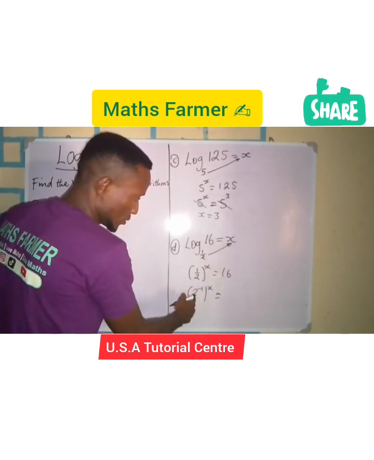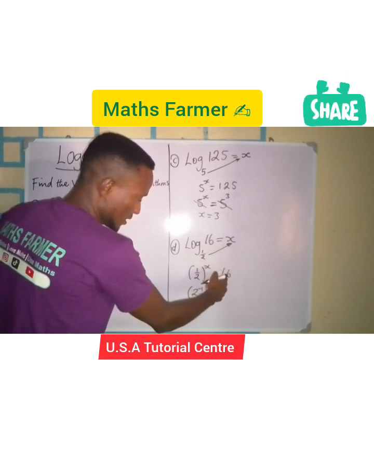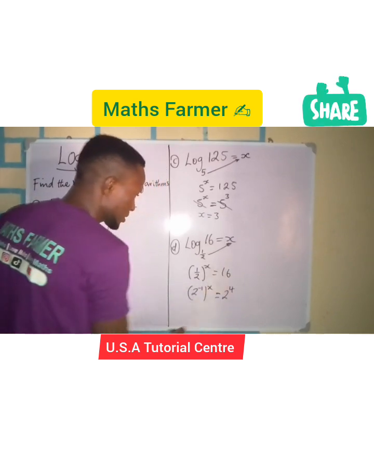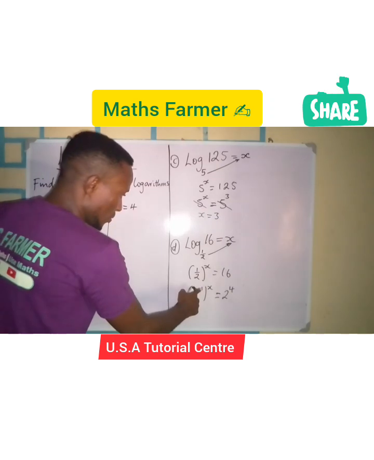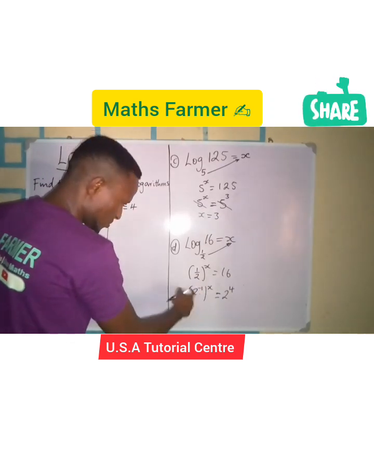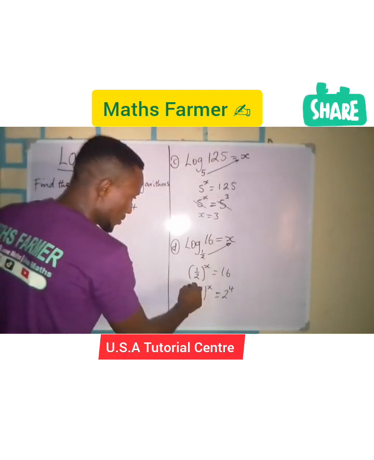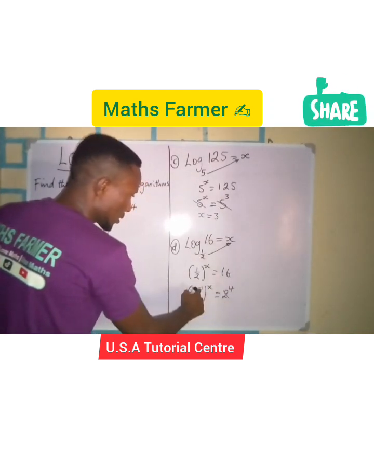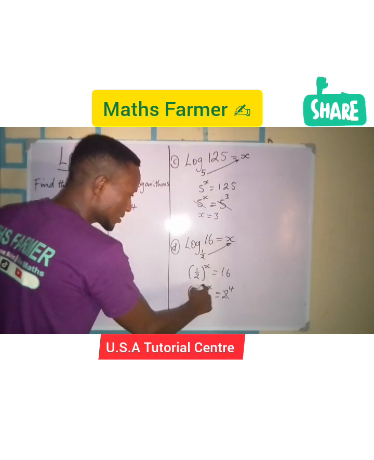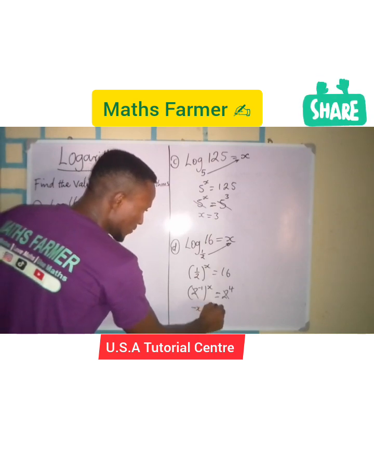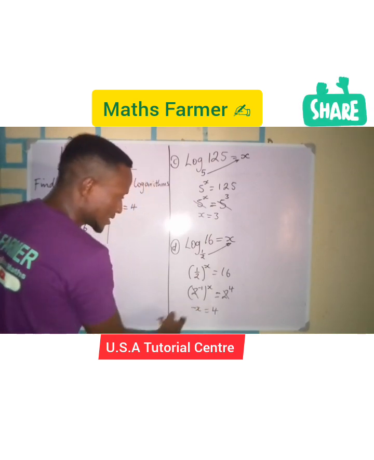The base here is 2. You ask yourself, how many times do you multiply 2 to get 16? It is 2 raised to the power of 4. So now, at this juncture, we discard the bases. Since they have the same base, 2, we can discard. What remains is minus 1 and x. Minus 1 times x gives us minus x equals 4. We are looking for x. x is not yet alone.